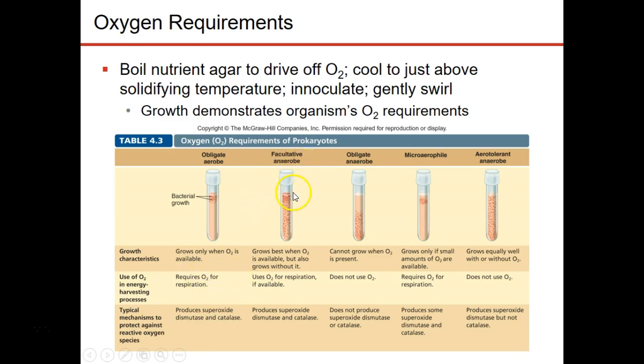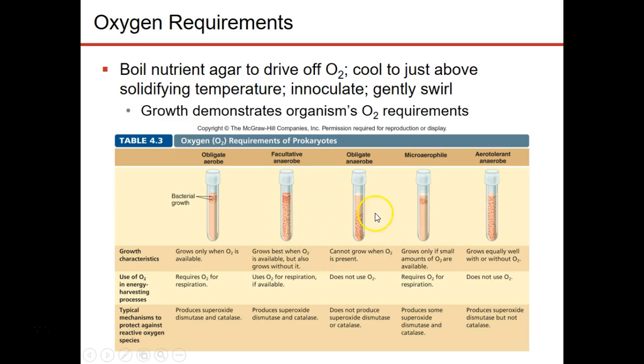Facultative anaerobes are organisms that grow with or without oxygen, but they prefer oxygen and grow best with oxygen. So they can grow all throughout the agar, but if you notice, they grow best up here. They will use oxygen if it is available, but if not, they'll grow without oxygen.